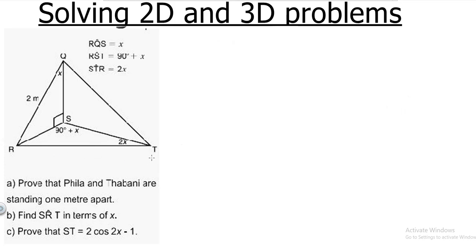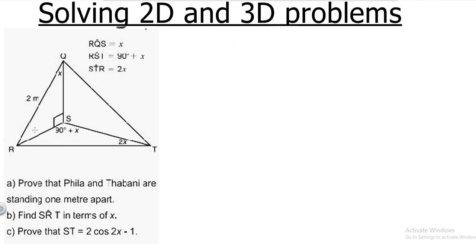1 meter apart. Okay. So now, how to prove that they are 1 meter apart? Remember here we have to use a cosine rule or sine rule. To use a cosine rule, we need at least 2 sides and 1 angle.